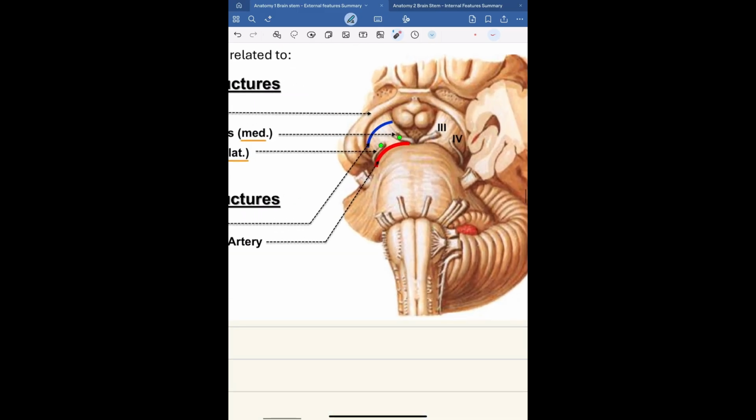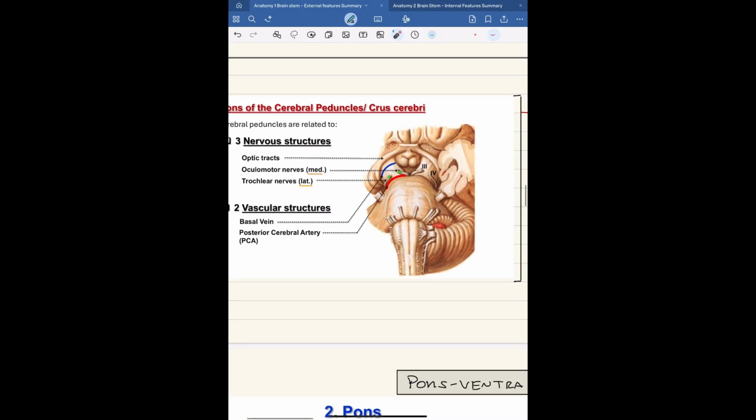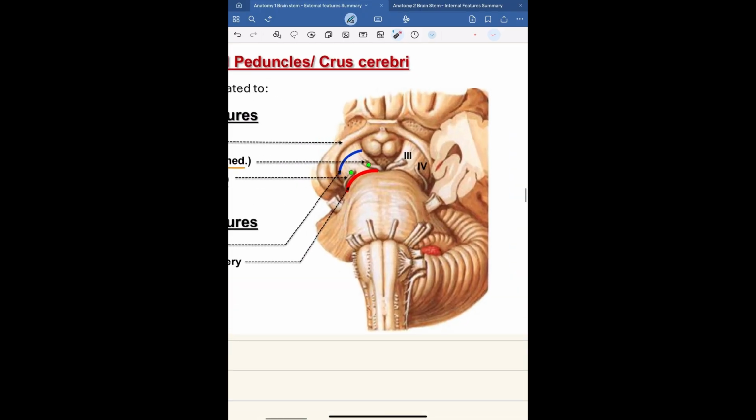Now, if this artery got dilated and it pushed the structures here, and it caused some problems in the nerves here, or maybe this artery got an aneurysm and some complications occurred, what will be the nerve here that will be affected? Well, the nerve here that will be mainly affected is the oculomotor nerve.